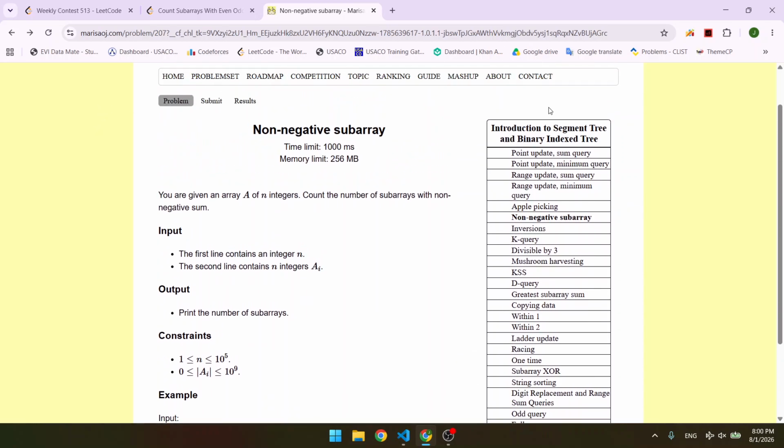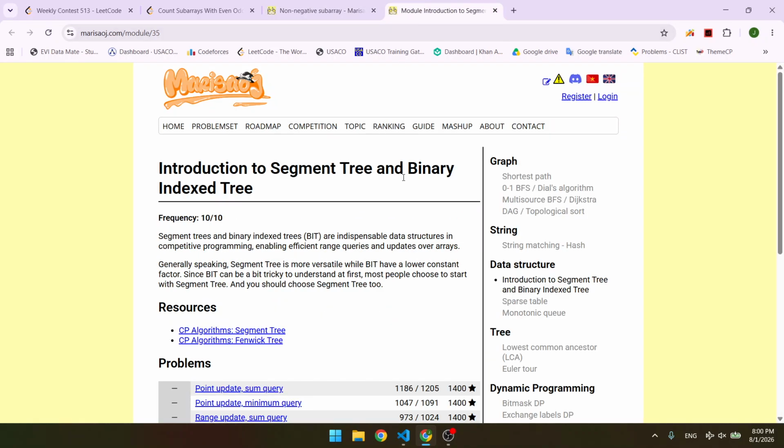Yeah. Segment tree and binary index tree. Is it really?